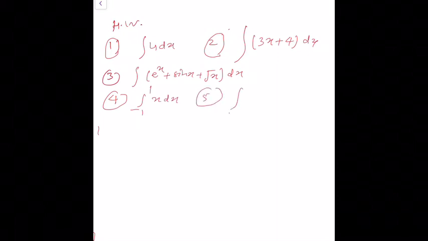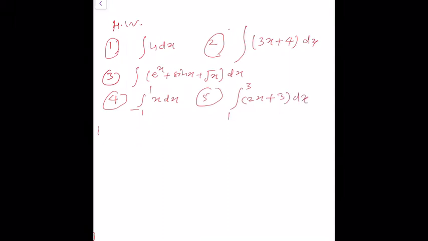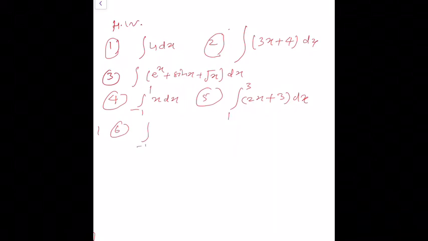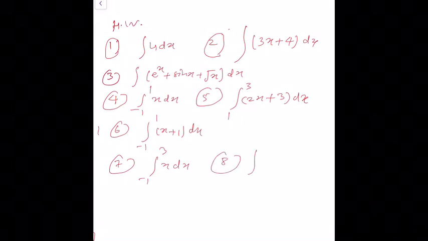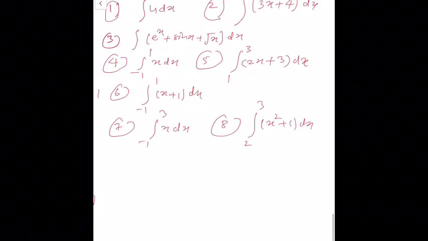Fifth, limit 1 to 3, 2x plus 3 dx. Sixth, limit minus 1 to 1, x plus 1 dx. Next, seventh, minus 1 to 3 x dx. Eighth, limit 2 to 3, x square plus 1 dx.